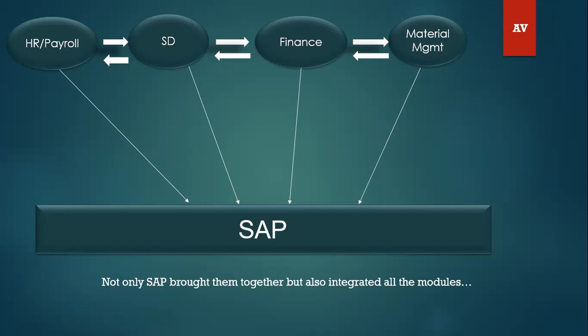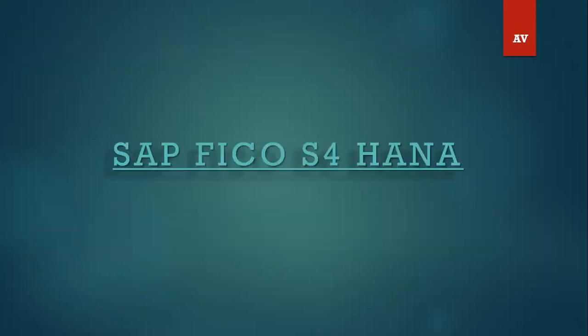We'll be looking into SAP FICO S4 HANA in this course. We'll look at the components of SAP FICO S4 HANA, what SAP FICO ECC is and what SAP FICO S4 HANA is, and what the differences are.